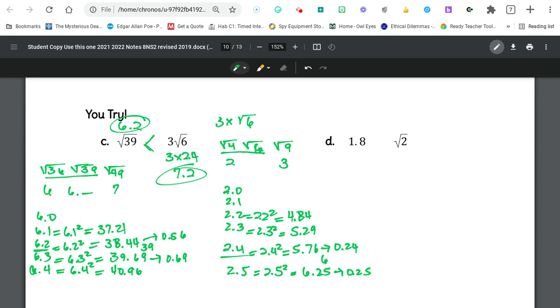All right, let's try this one. Let's look at D. The square root of 2 is in between the square root of 1 and the square root of 4. So it's in between 1 and 2. And I'm going to stay closer to 1 because the square root of 2 is closer to the square root of 1, because 2 is close to 1. So let's list some of these guys.